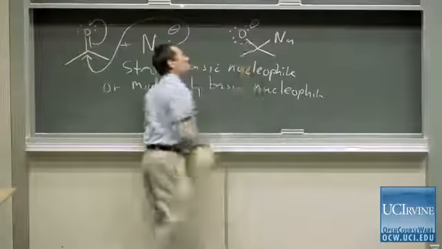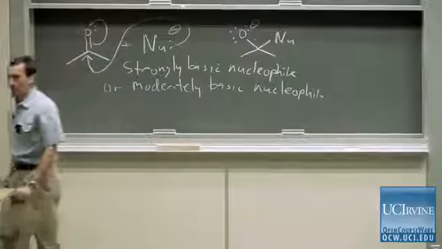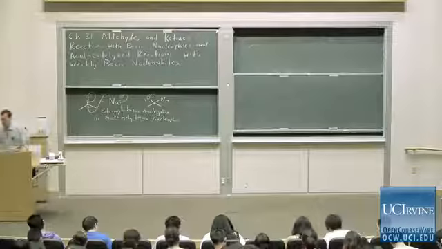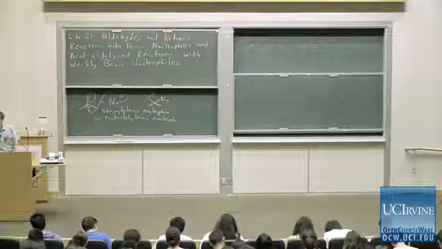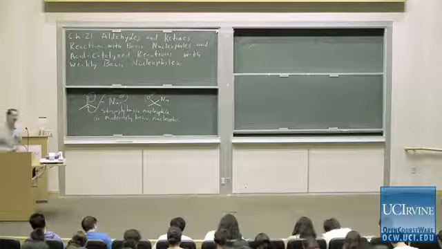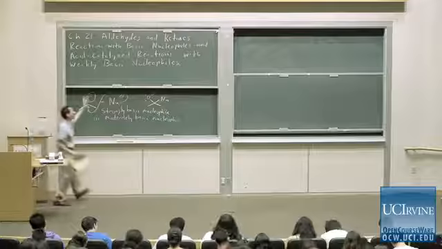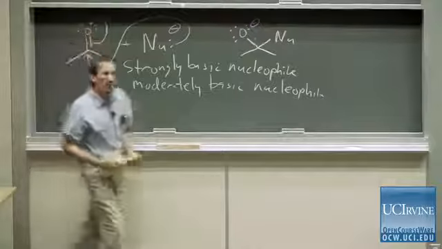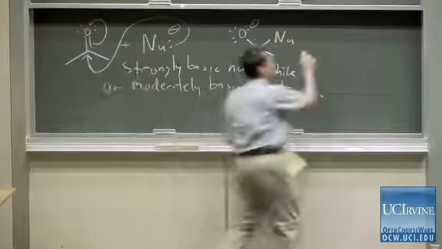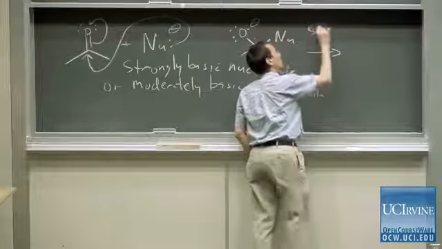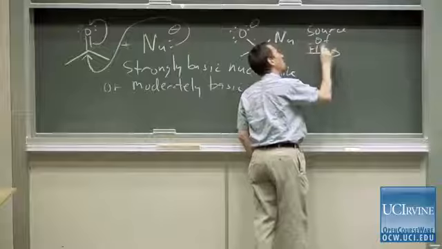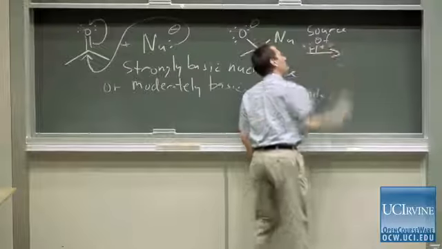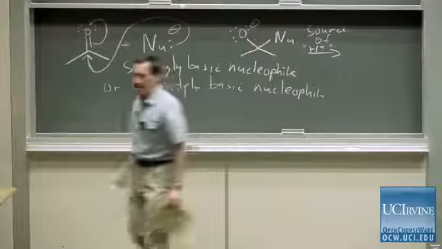I'll write that as O minus. We have 3 lone pairs of electrons around the oxygen. And in very, very generic terms, because we're going to see a lot of variations of this, if we have some source of H+, and remember, of course, I'm going to put it in quotes because you don't have naked H+.